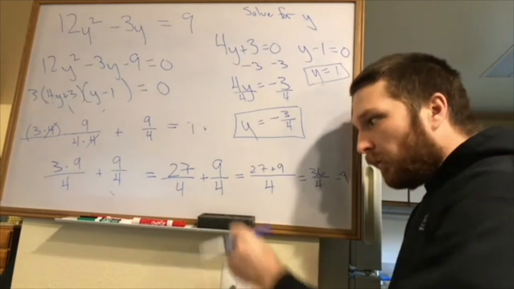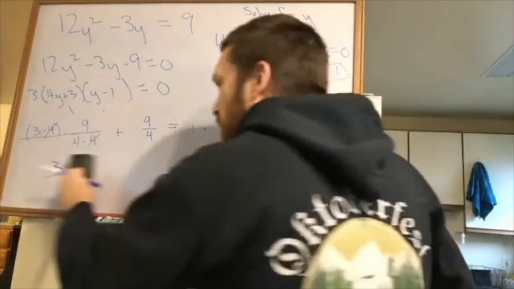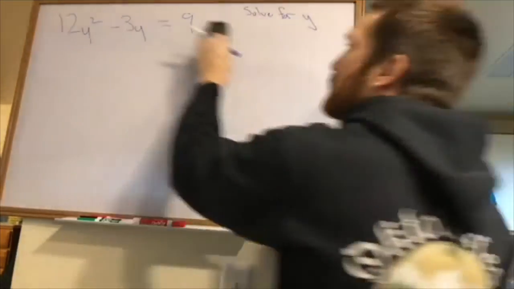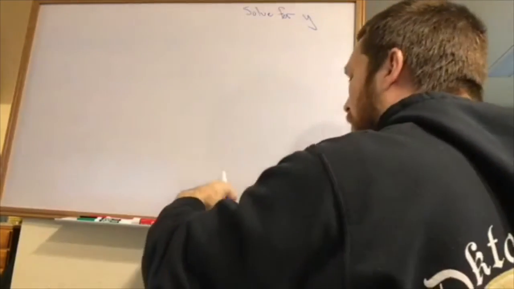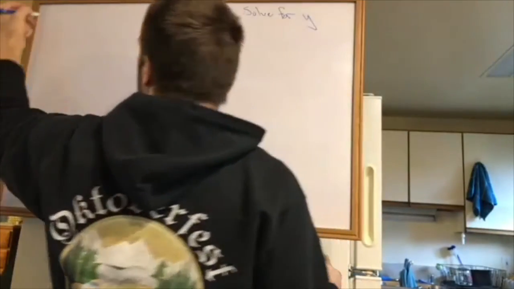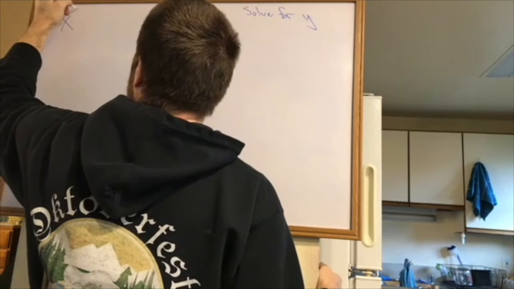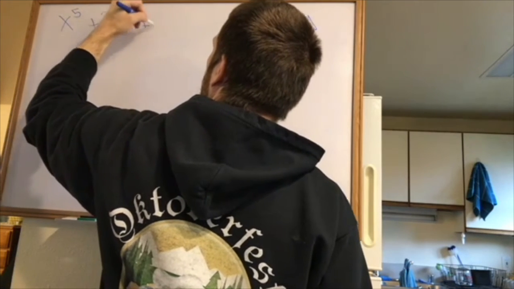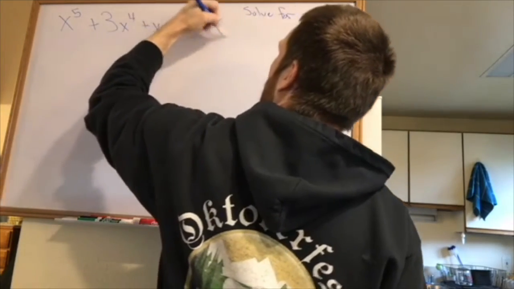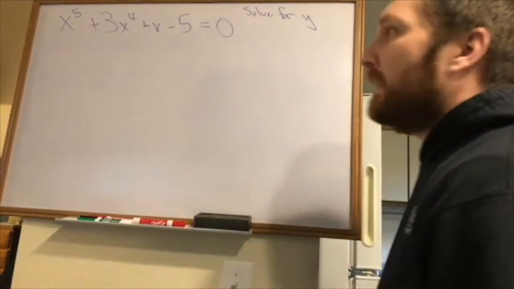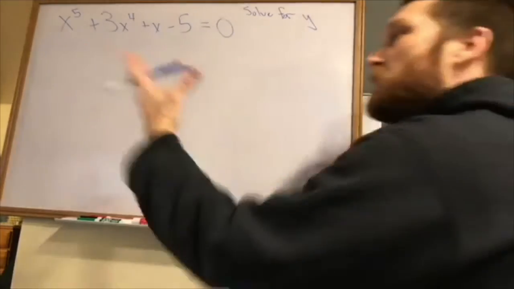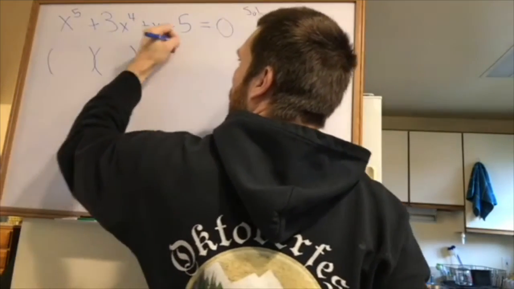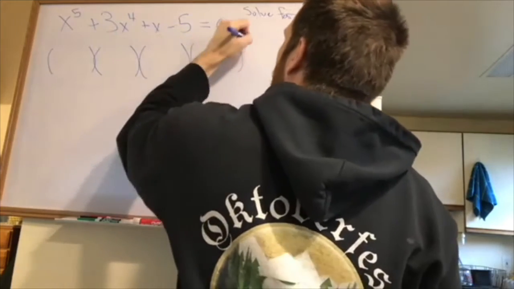Now, however, there's just something to note, that this works no matter what type of polynomial you have. So let's say you had some kind of crazy polynomial with, I don't know, x to the 5th power plus 3x to the 4th plus x minus 5 equals 0 or something like that. If you were able to factor it, you would have 5 factors.